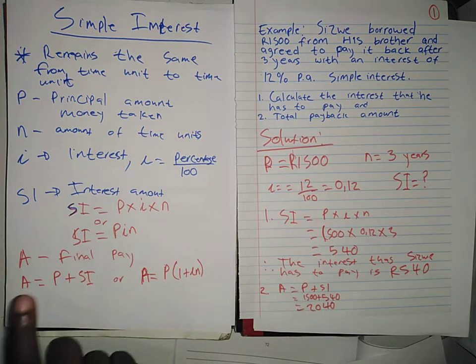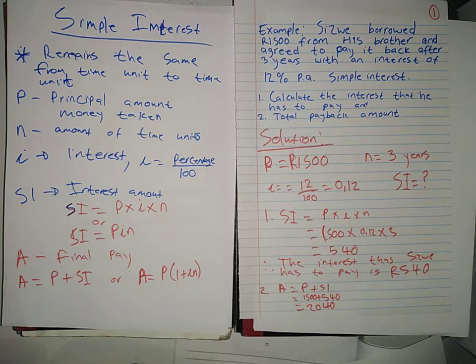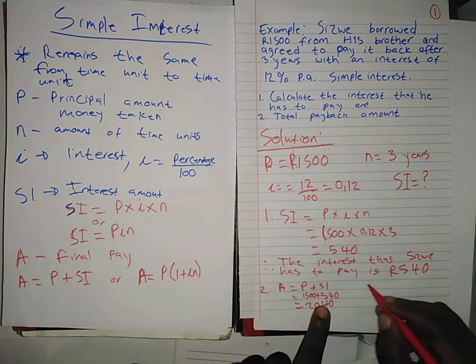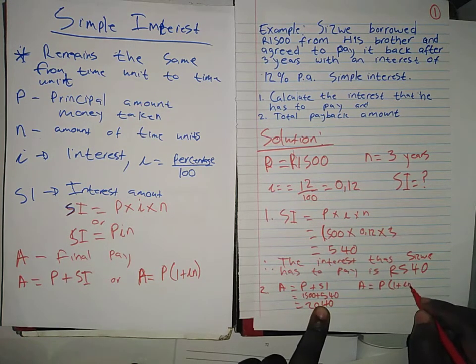Okay, because we said we've got this formula, we also said we can use this formula. So let us actually use this time to find out if we get the same answer, so that we can know that these two formulas are equivalent, and next time you will only choose one. Now let's take what we have. We have A, which is equal to P, and then 1 plus IN.